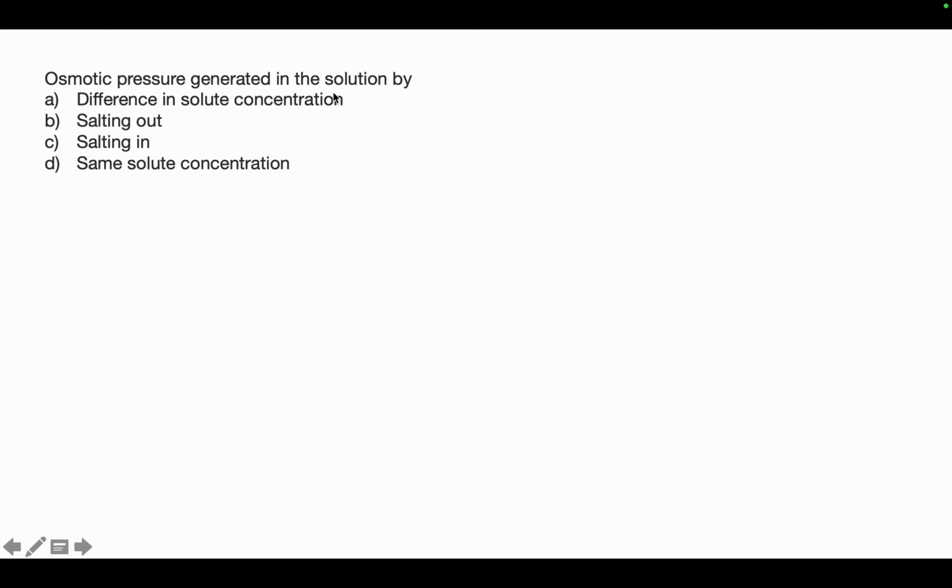Osmotic pressure generated in the solution is by difference in the solute concentration, not salting out, salting in, or same solute concentration. So we can have a difference in solute concentration. For example, we have a cell, and the cell has some osmolarity maintained at 7.2 pH, and this osmolarity is maintained by the cellular composition.